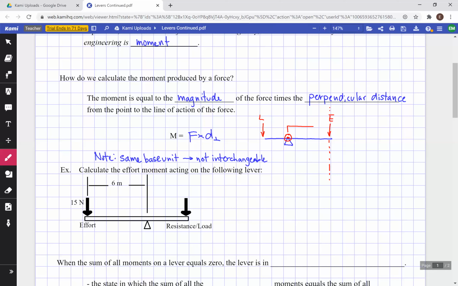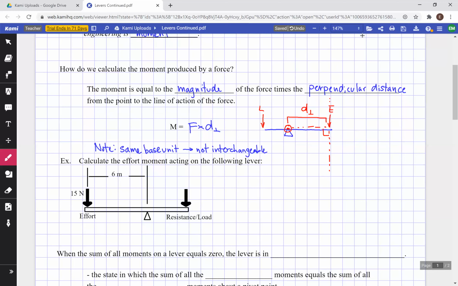So this right here would be the perpendicular distance, right? Because if you go out from the center to the force, it forms a right angle with that line coming from the fulcrum. That's all it is.